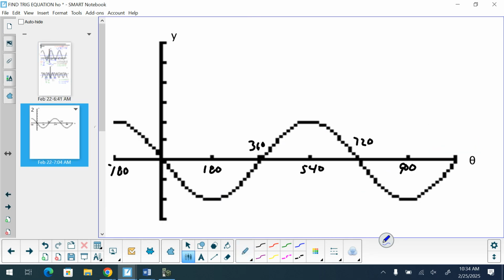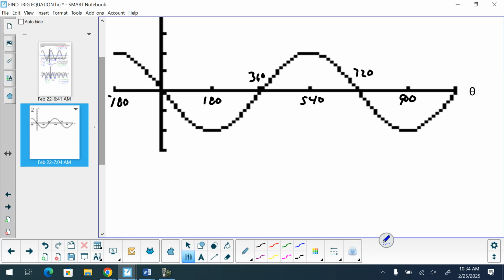All right, go to the back side. Draw on your prime axis.